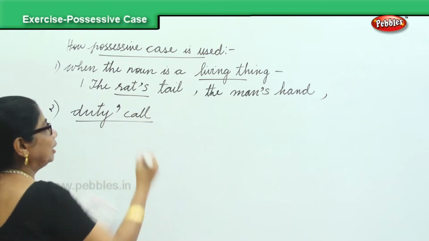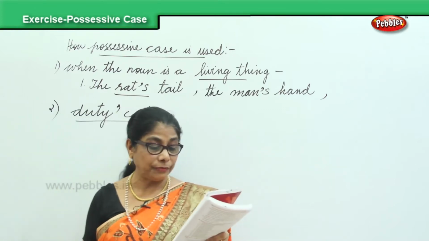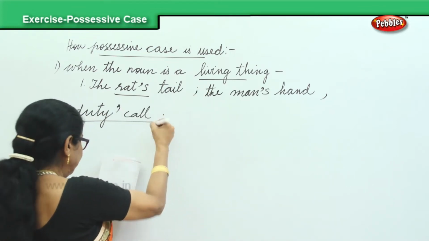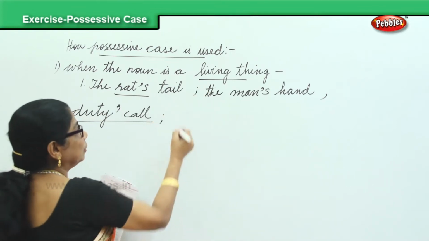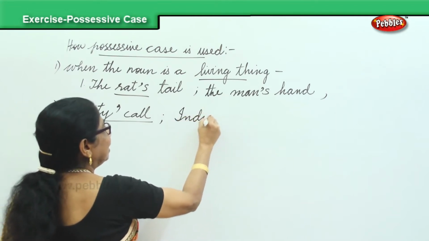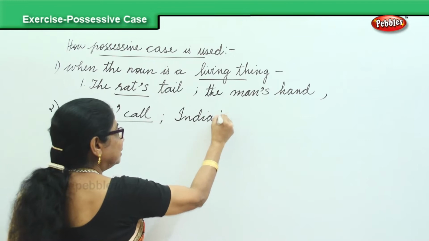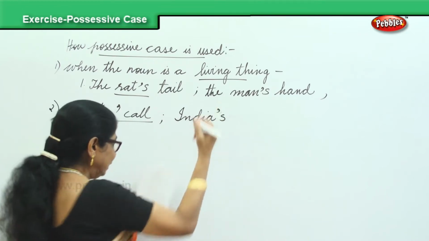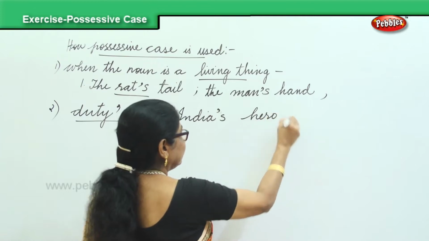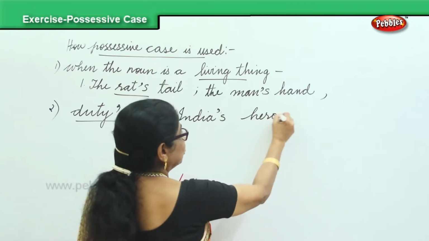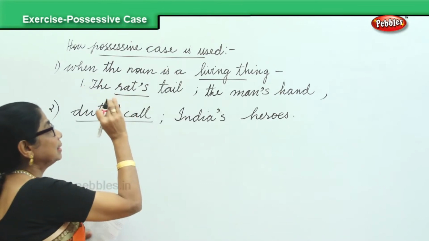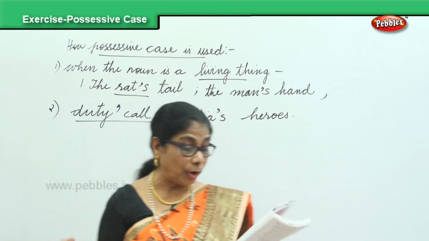This is another way of using the possessive form. Duty's call, or you say, England's heroes, or India's heroes. Okay, this is different from what we have learned.